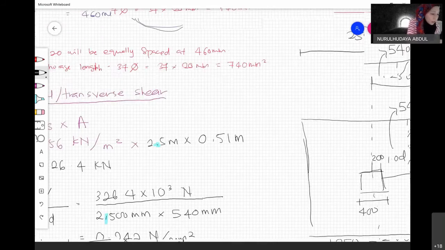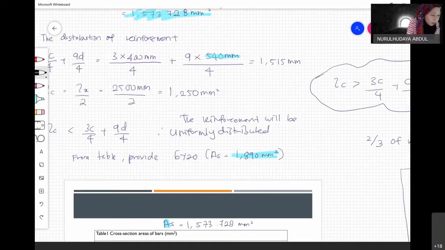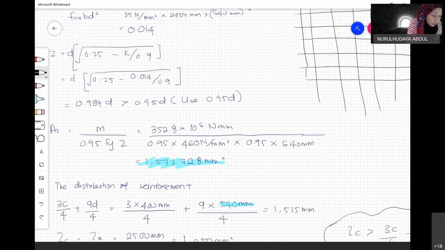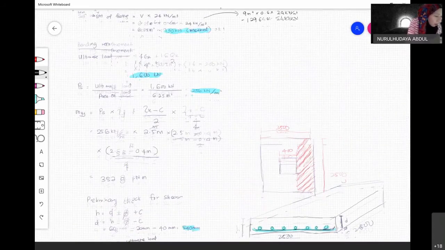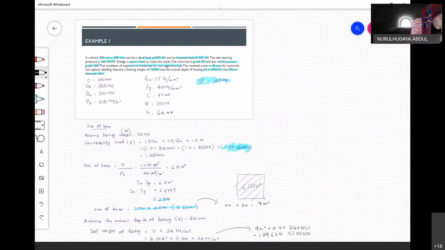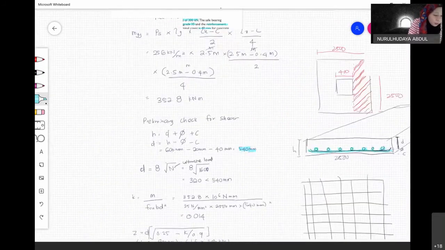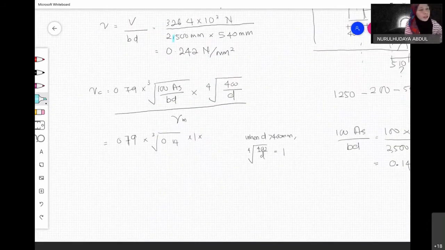Kita boleh check balik FCU kita berapa. I pun tak ingat. Our FCU is actual. Soalan. FCU kita 35. Okay, jadi bila 35 obviously FCU kita tak sampai, FCU kita bukan 25.